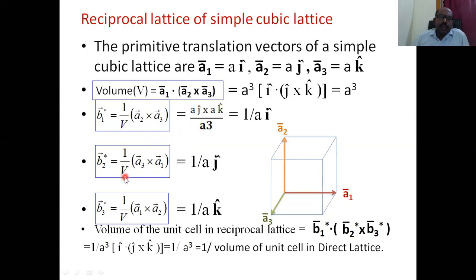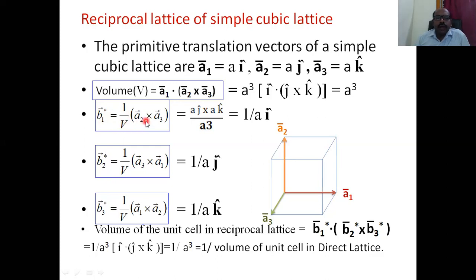These are the expressions we have seen for reciprocal lattice vectors. So these B1 bar star, B2 bar star, B3 bar star are also basis vectors in the reciprocal lattice.